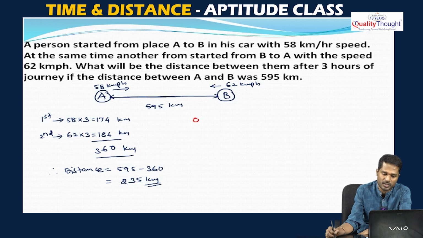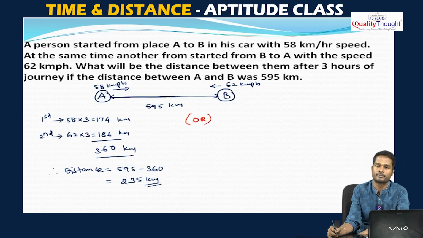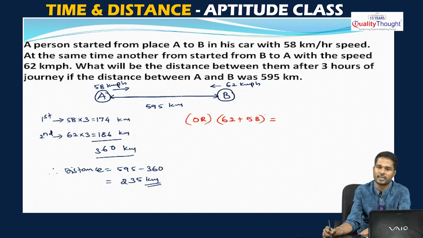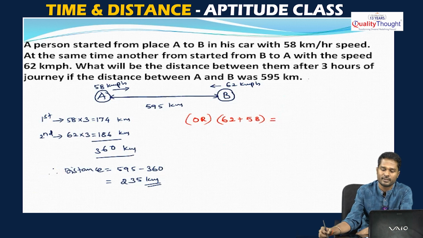Or this question can be solved by using the relative speed. See, they both are travelling in the opposite direction, right? That means the relative speed will become 62 plus 58. This is the distance we need to calculate here, the time he has given.